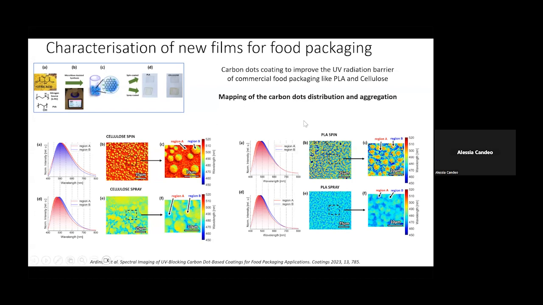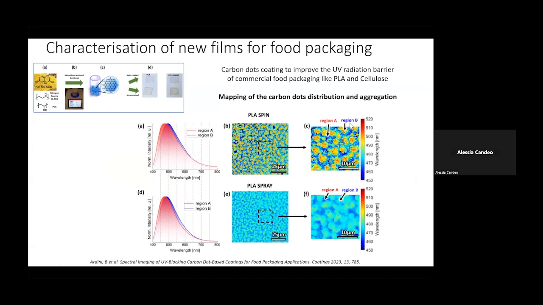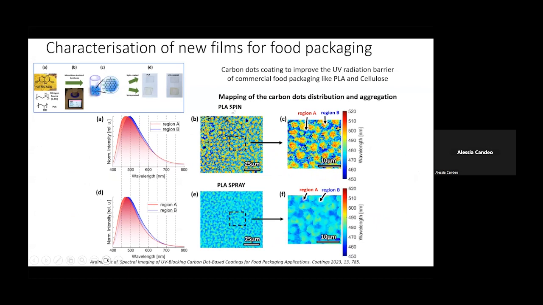And it was possible to map the distribution of carbon dots and look at their aggregation. For example, in this case, PLA was covered with carbon nanodots with 2 different techniques, spinning or spraying, and it was indeed possible to evaluate the extent of aggregation of the carbon materials. And indeed, this is a good guidance for the development of new types of commercial food packaging.